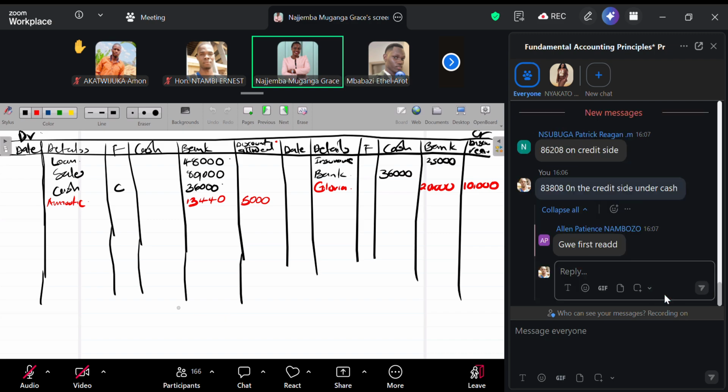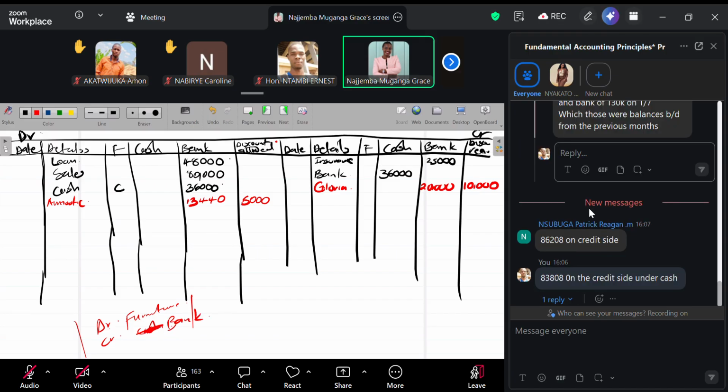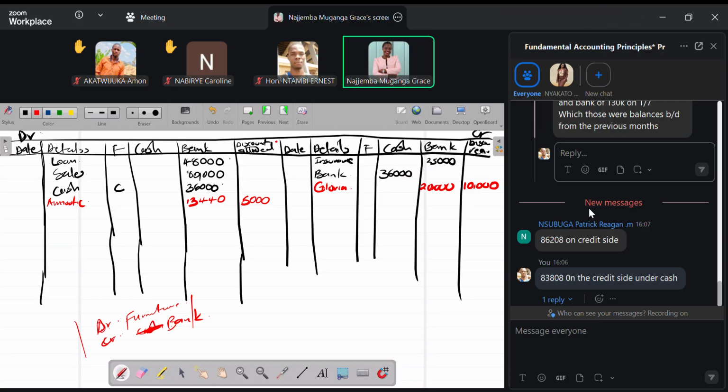So with that, you're withdrawing money to buy furniture. Specifically, you're getting furniture. So that would be a debit of the furniture account, and then you credit your cash. It's not a contra entry, because this money you're withdrawing from the bank, so you credit your bank. Your bank is reducing, and immediately you have a debit entry on the furniture.